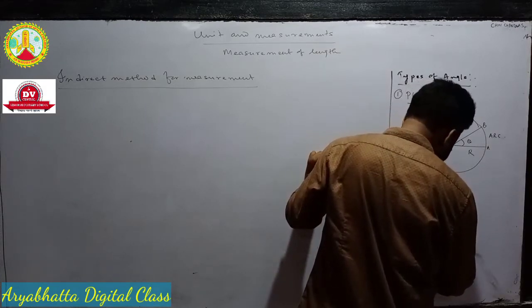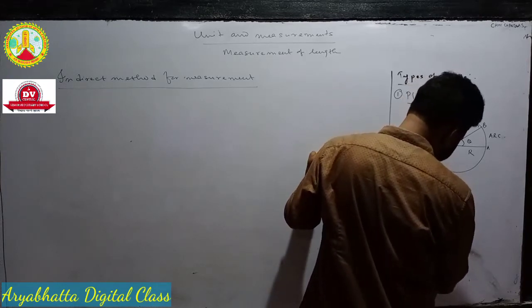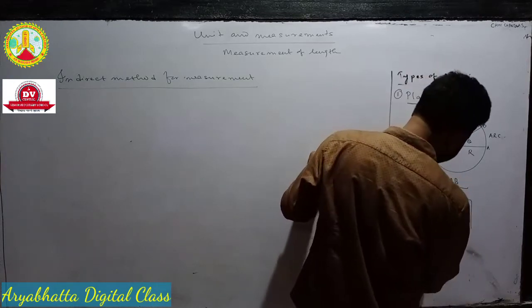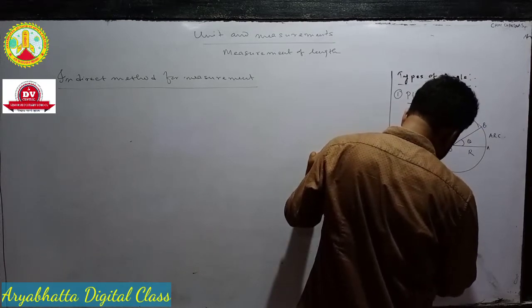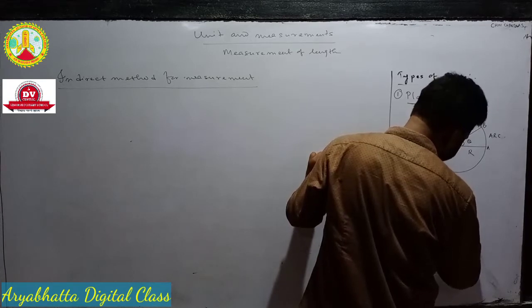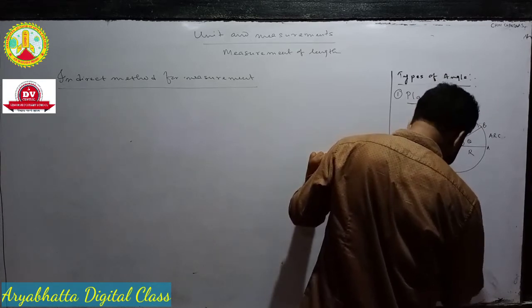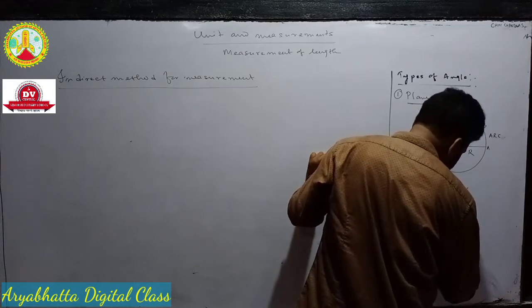From here, the arc, which is AB here, arc AB is equal to theta into R, so AB is equal to R theta.